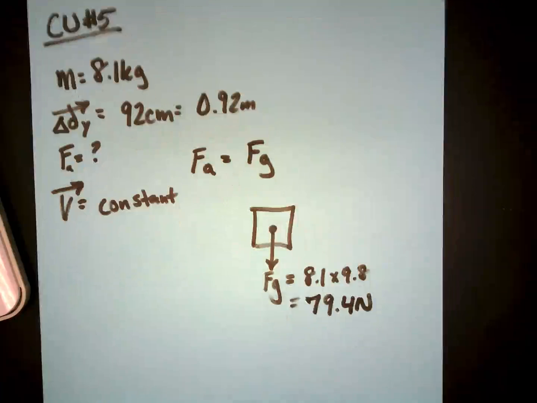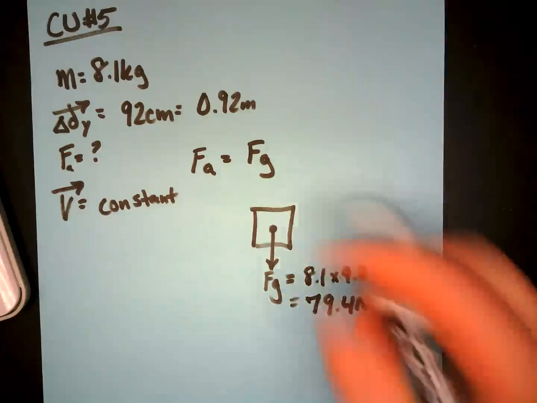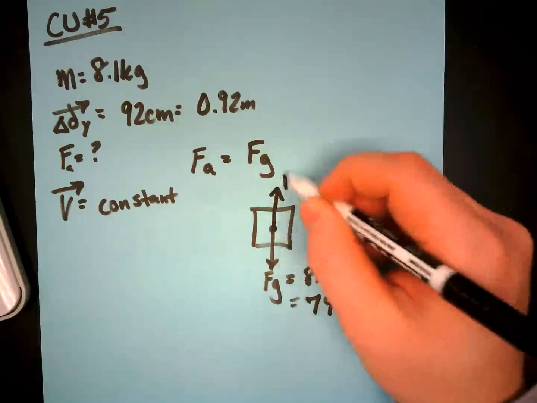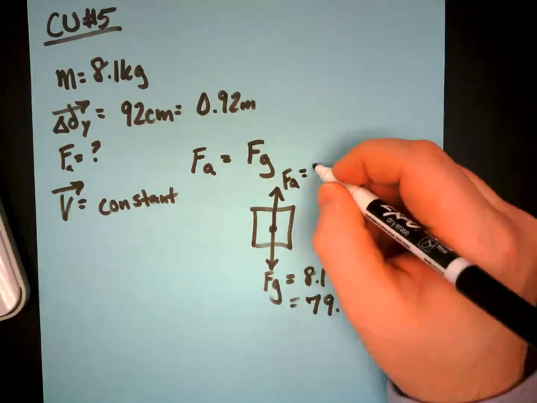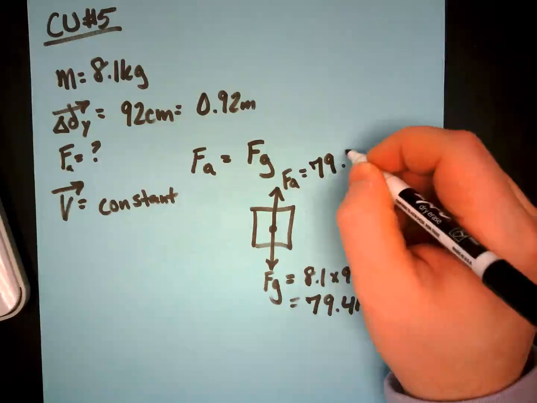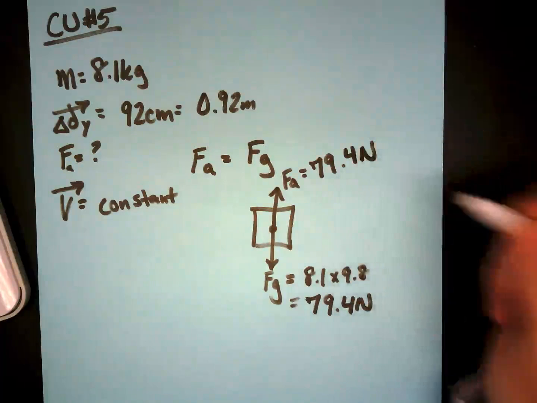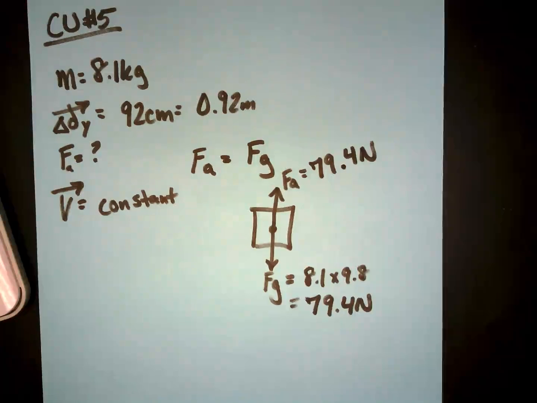So if that's our gravitational force, then our applied force will be equal to that, just in the opposite direction, which will be 79.4 newtons. Again, it's because there's no acceleration; it's constant velocity.